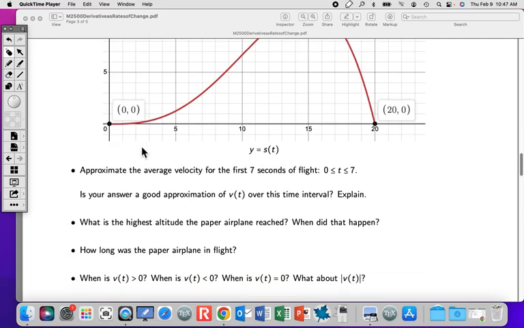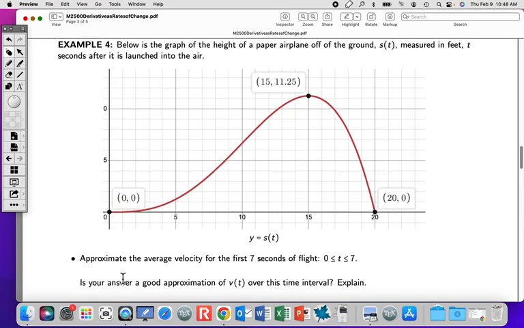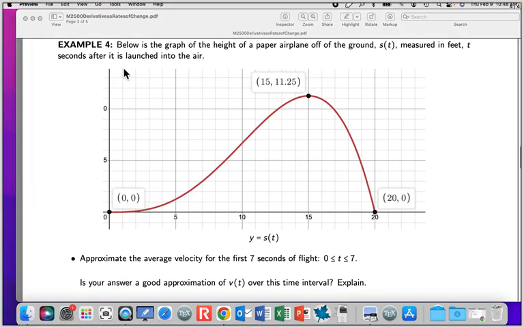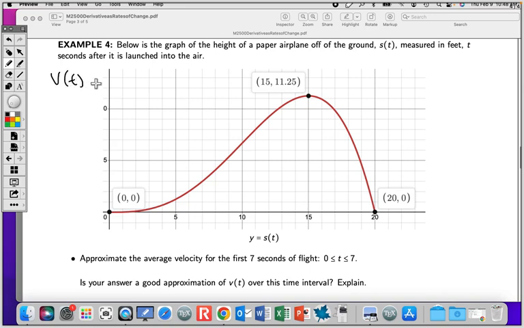When is v of t positive? When is v of t negative? When is v of t 0? What about the absolute value of v of t? Remember, v of t is the velocity, the derivative of the position. Geometrically, we're looking at the slope. We start off here, and it really looks like the velocity at 0 is 0.